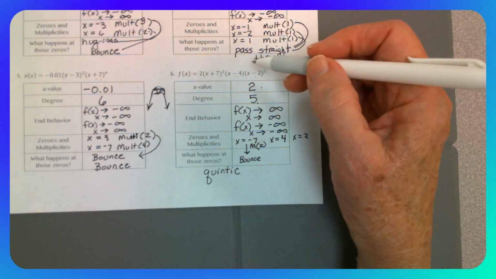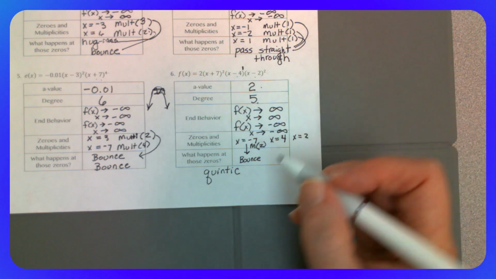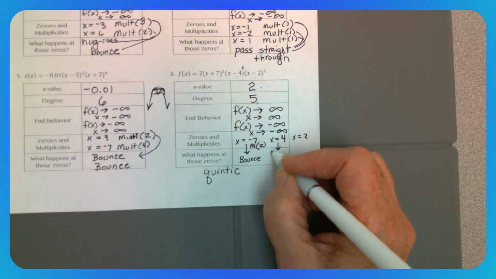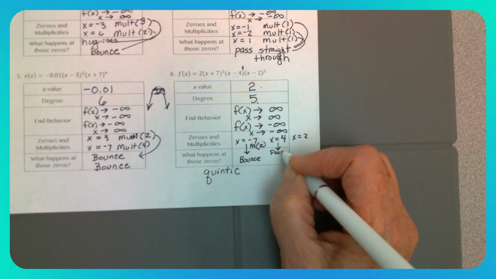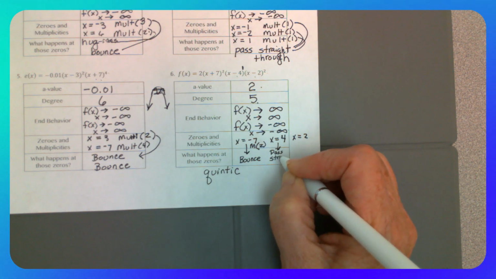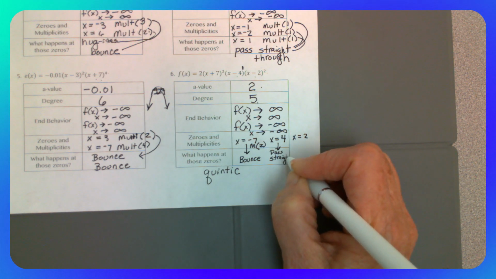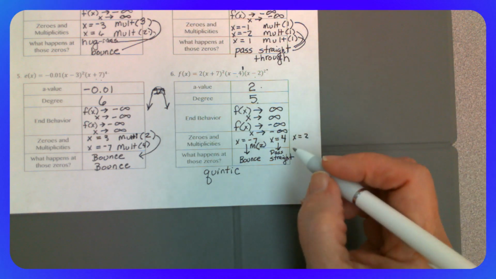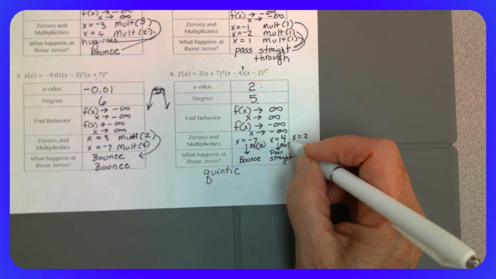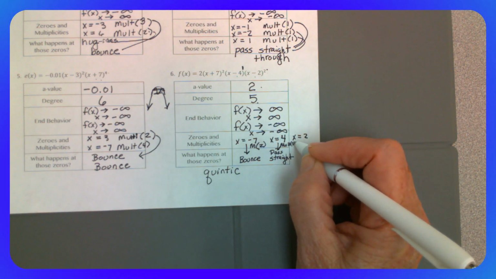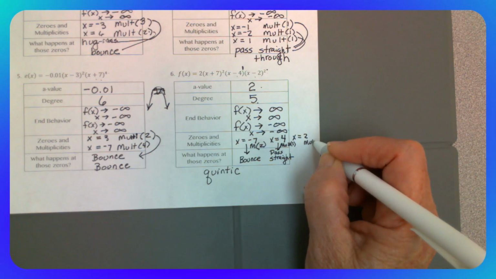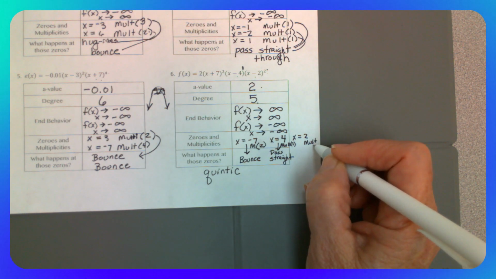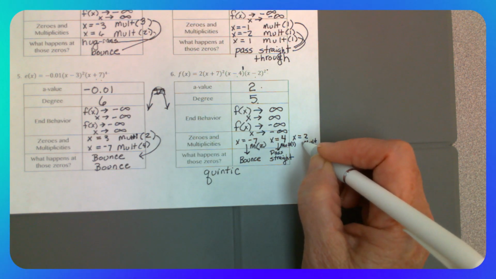At 4, okay, that's of degree 1, and that's going to pass straight through. And then finally, at x equals 2, let me write multiplicity of 1 here. And here is multiplicity of 2. So that's going to be a bounce right here.